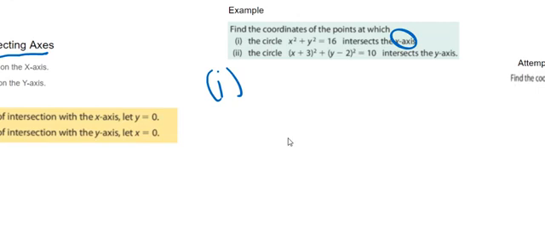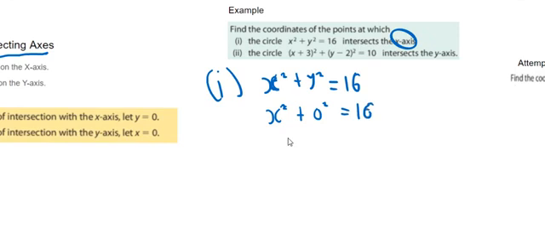So I'm going to let y equal 0 in that equation. x squared plus y squared equals 16, so x squared plus 0 squared equals 16. 0 squared is just 0, so I get x squared equals 16.